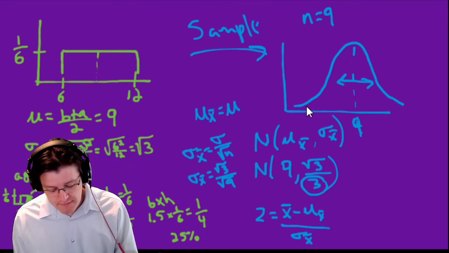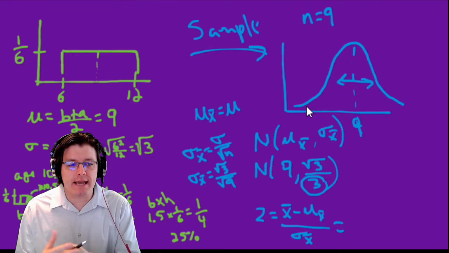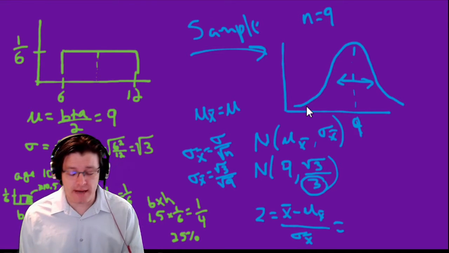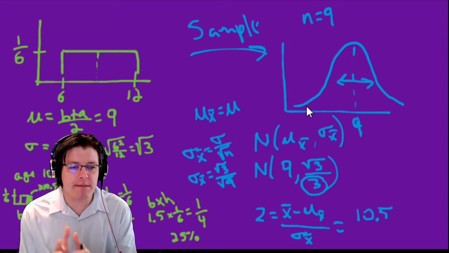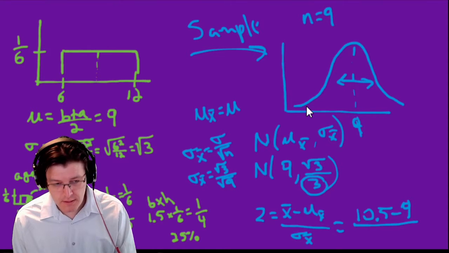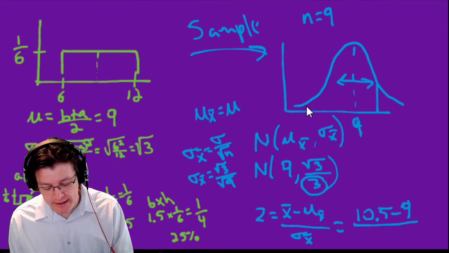So what we're asking for is, how far away is this? If we were to take a sample, and it came as a mean of 10.5, how far away from the mean of the sample means is that? And again, what we're really after is, how rare is it that we would get a value at least out here, right?